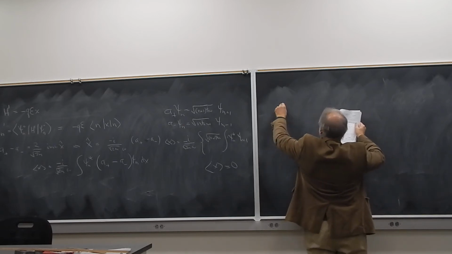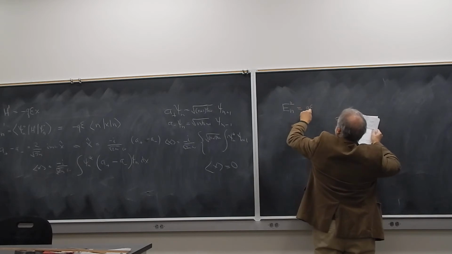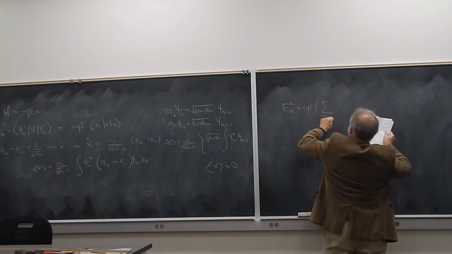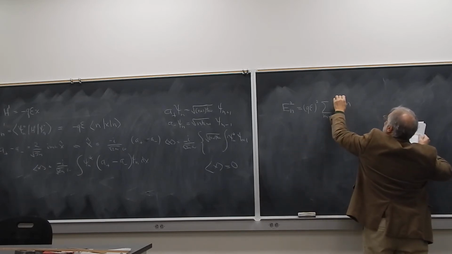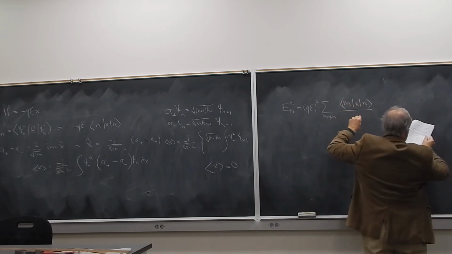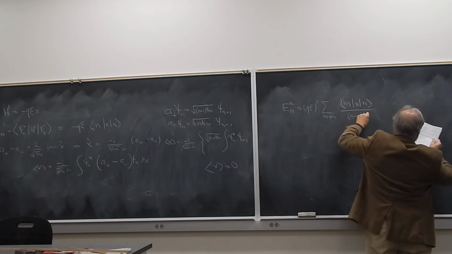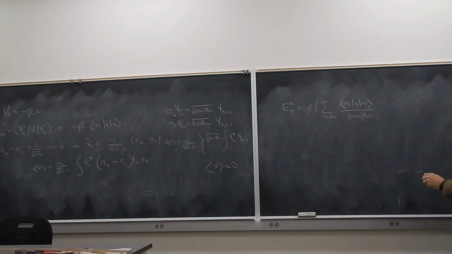Our equation for second order, E sub n2, is Q times E squared, sum m not equal to n, of the squared magnitude of m x n over n minus m h bar omega. Those are my squares and square energy difference in the denominator.